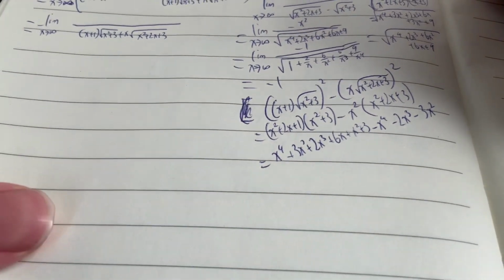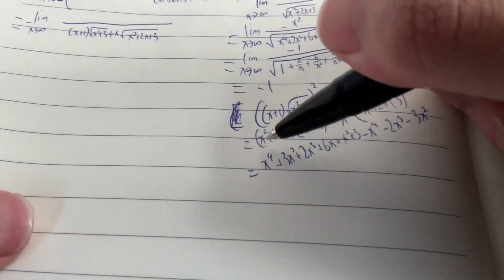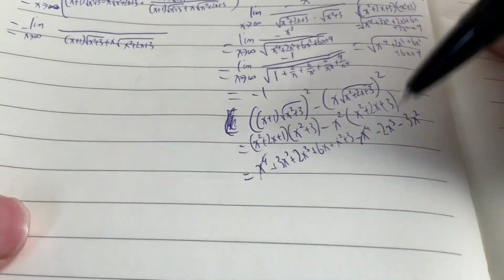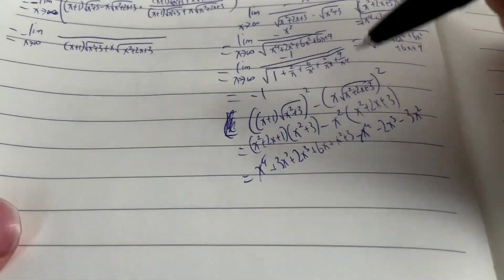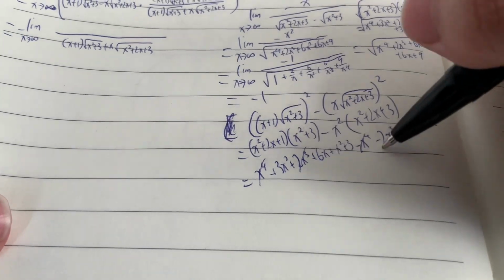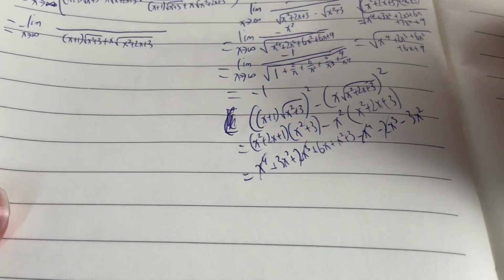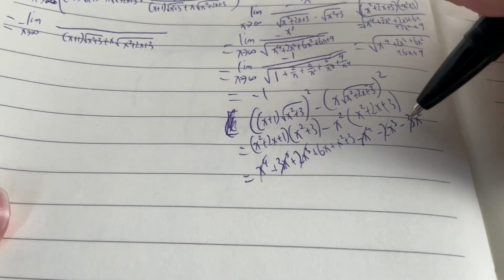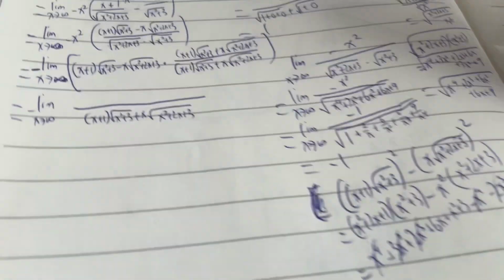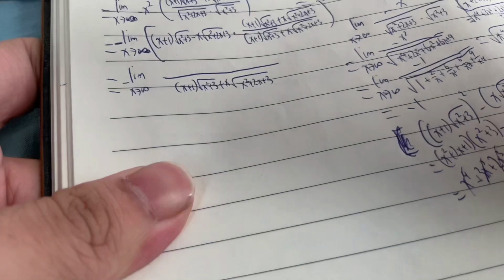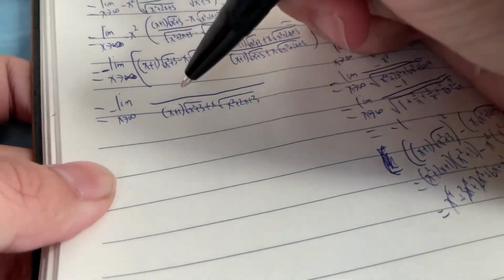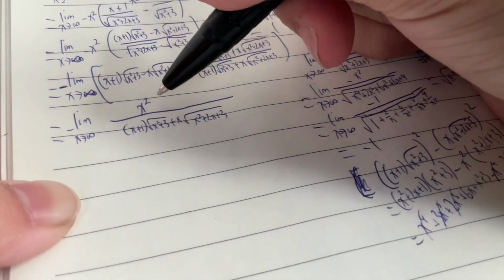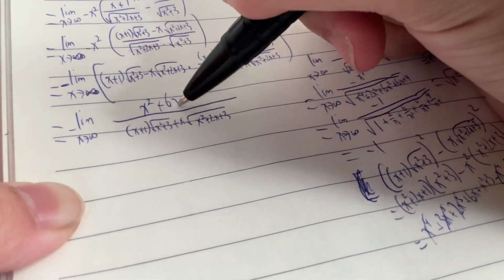So many things will be cancelled. So x to the power 4 and negative x to the power 4 cancel each other out, and then positive 2x cubed and negative 2x cubed cancel each other out, and then positive 3x squared and negative 3x squared cancel each other out. So at the end, we get x squared. Let me write the higher power first: x squared plus 6x plus 3.